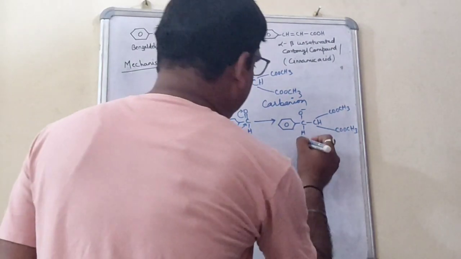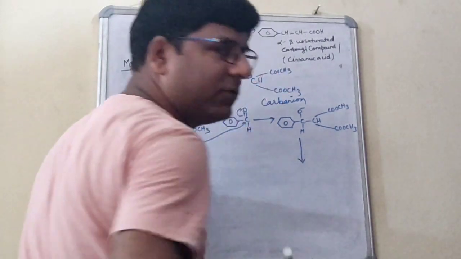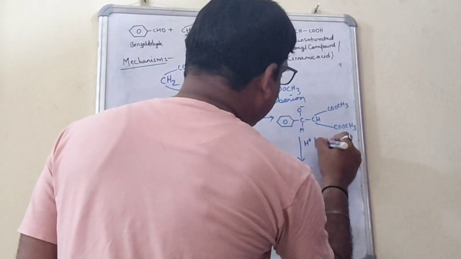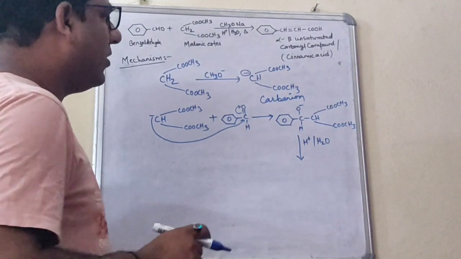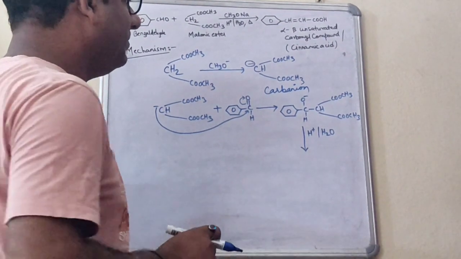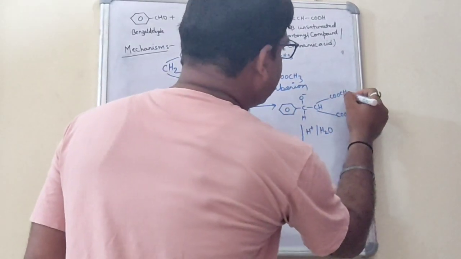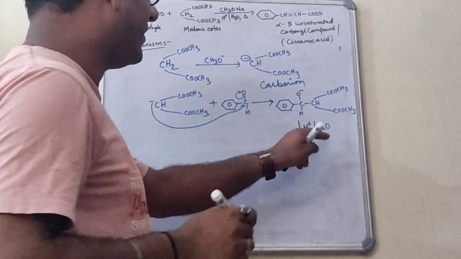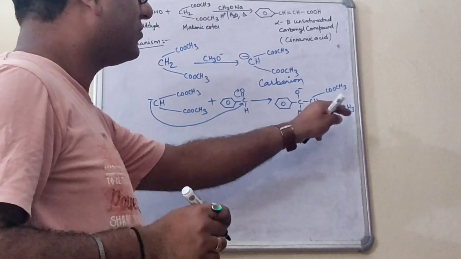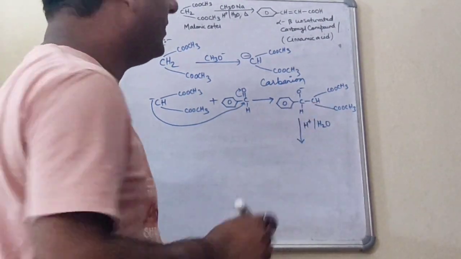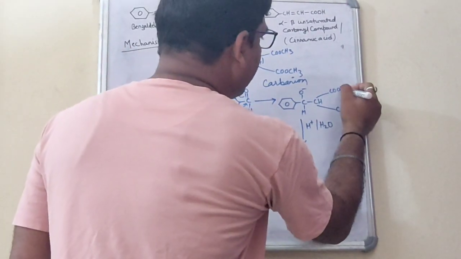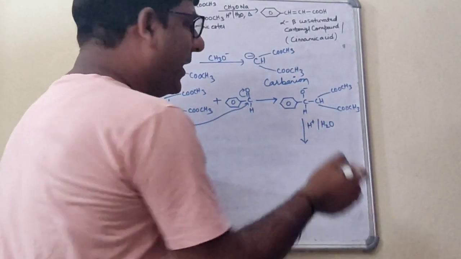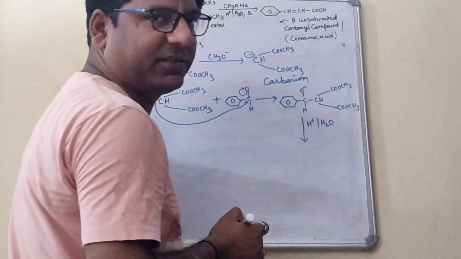Now the next step, what we have to do is hydrolysis. For hydrolysis, you can write here H plus, or H2O. Now when you are doing the hydrolysis, what will happen? This OCH3 is the leaving group, and there will be a solvent effect. Whenever we do the hydrolysis, CH3O and the other CH3O will move out and OH will take their place, right?